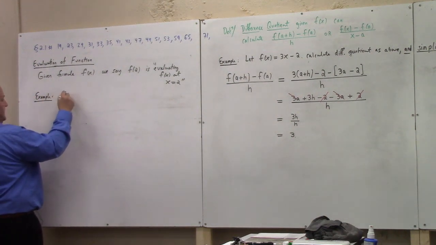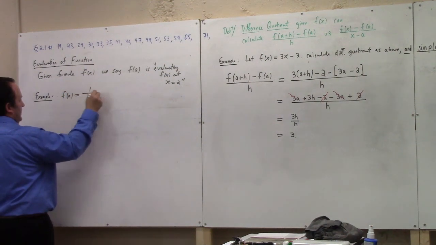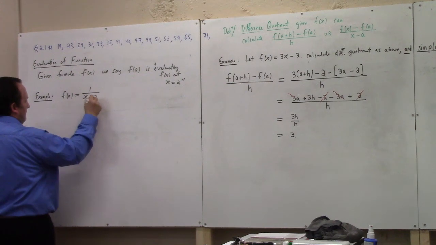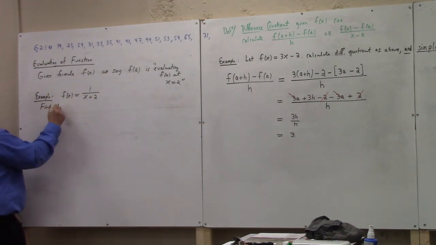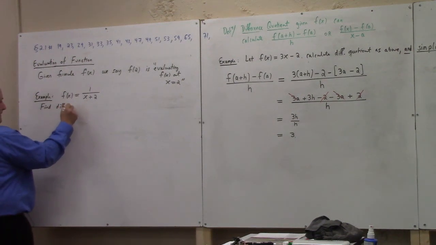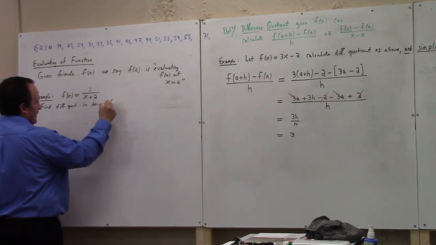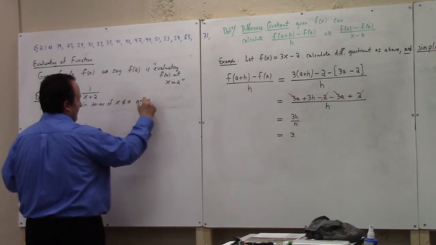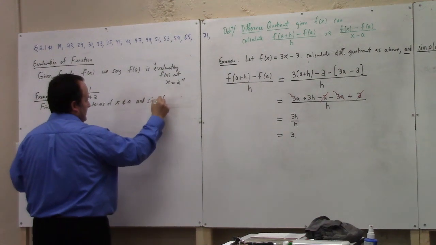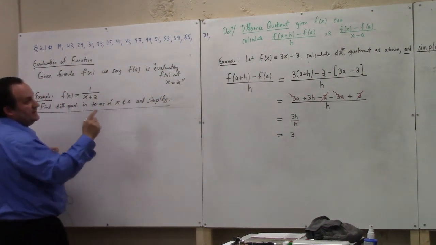Let's let f of x equal 1 over x plus 2. All right, find the difference quotient in terms of x and a, and simplify.